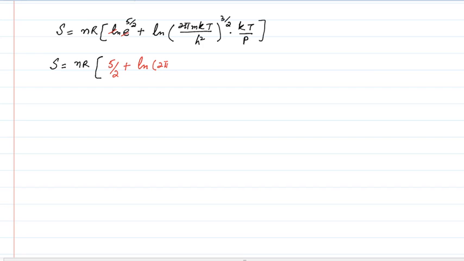So it will be plus ln of 2 pi m, plus ln of k to the power 3 by 2, plus ln of T raised to the power 3 by 2, and this will be minus ln of h cube, since 2 and 2 will cancel.